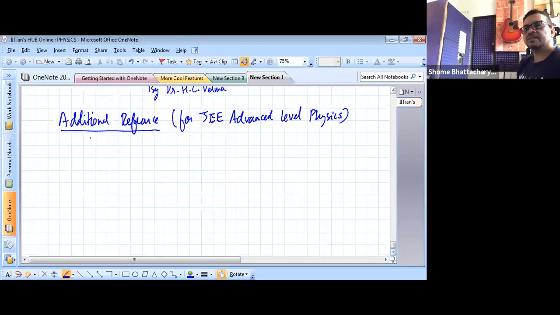So additional reference material for JEE Advanced Physics will be Physics by Resnick, Halliday and Green.